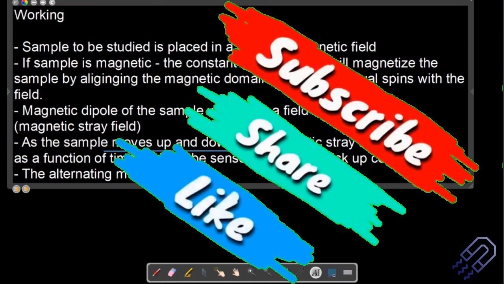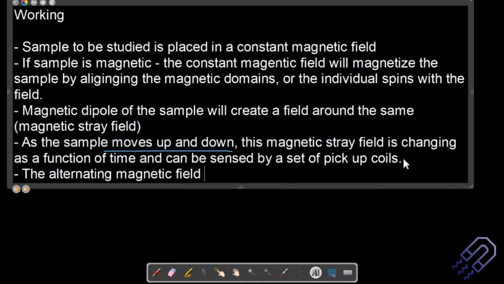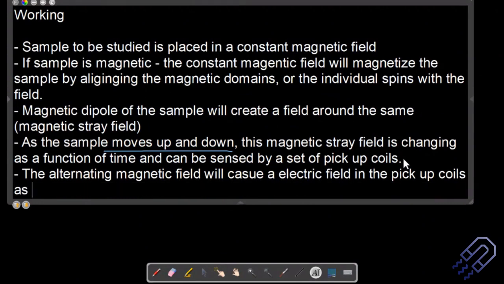The alternating magnetic field will cause an electric field in the pickup coils, as per Faraday's law.